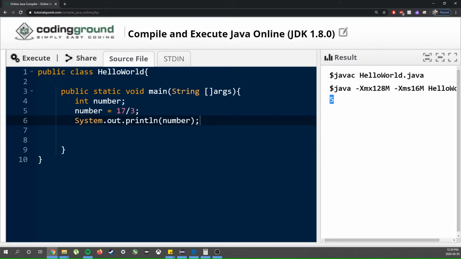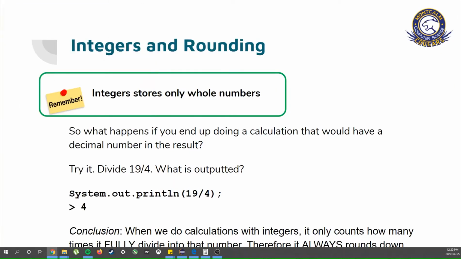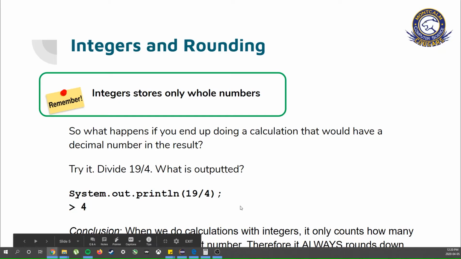So it only takes however many times it fully goes in. That's important to know here. When we do calculations with integers, it only calculates the amount of times it goes in fully, and it's always going to round down.